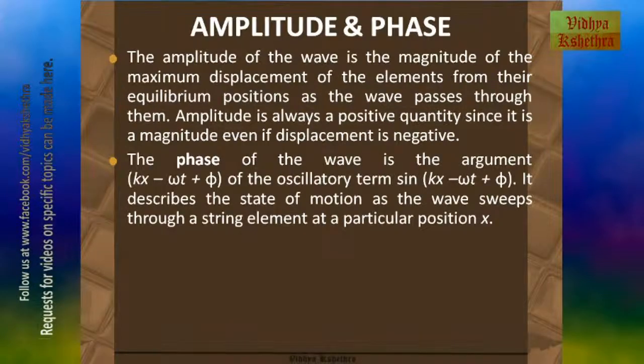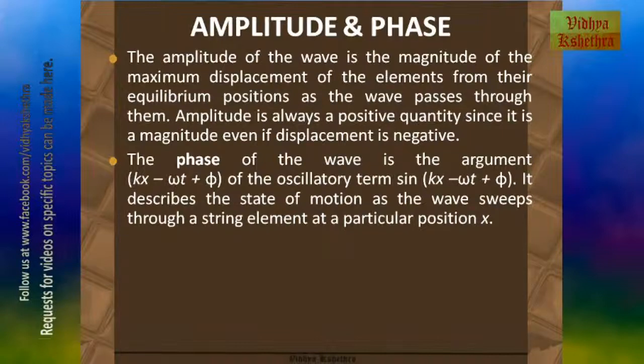The phase of the wave is the argument kx - omega t + phi of the oscillatory term sin(kx - omega t + phi). It describes the state of motion as the wave sweeps through the string element at a particular position x.